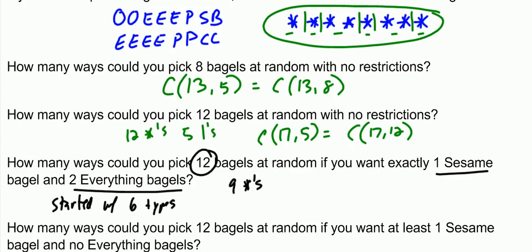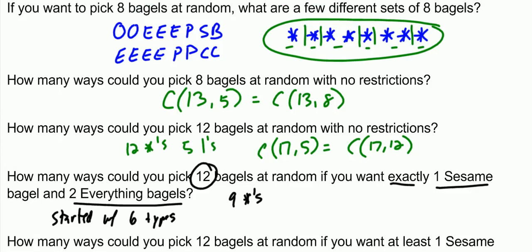Right? But we said we were going to have exactly 1 sesame and exactly 2 everything bagels. That means that we already put all the sesames and everythings we want into the bag. Right? So we don't have 6 types anymore. Now we only have 4 types left to choose from. So those other 9 bagels are going to have to come from the remaining 4 types, which means you're going to have 3 bars. All right, 3 partitions.